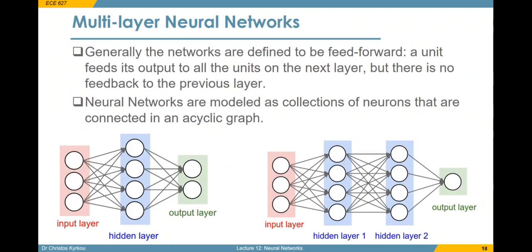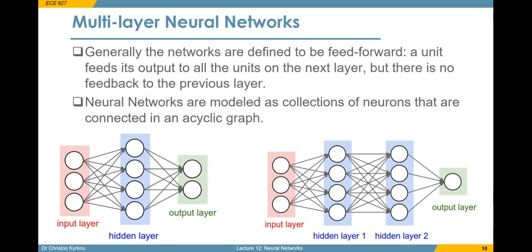And these neurons, in the form that we saw in the previous slide, are what we stack together to form a neural network. Neural networks are generally made up of layers of different neurons.